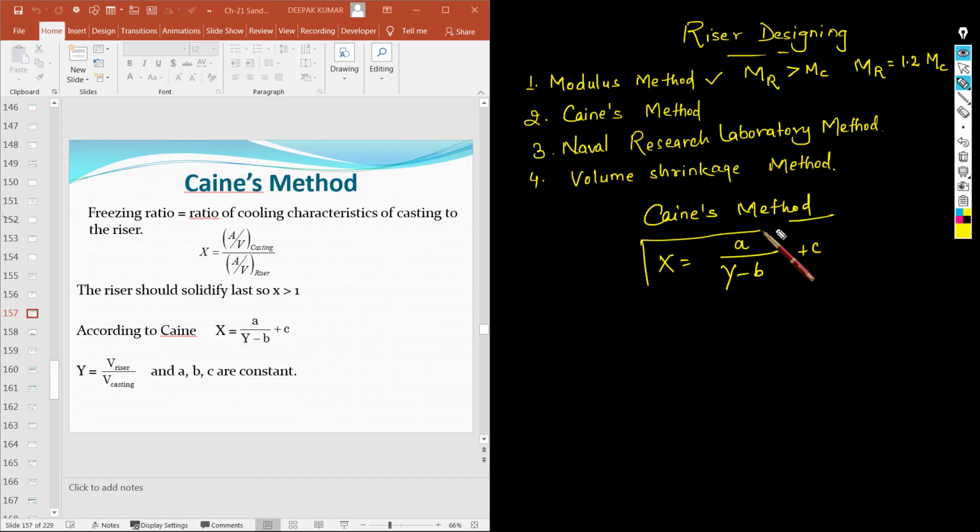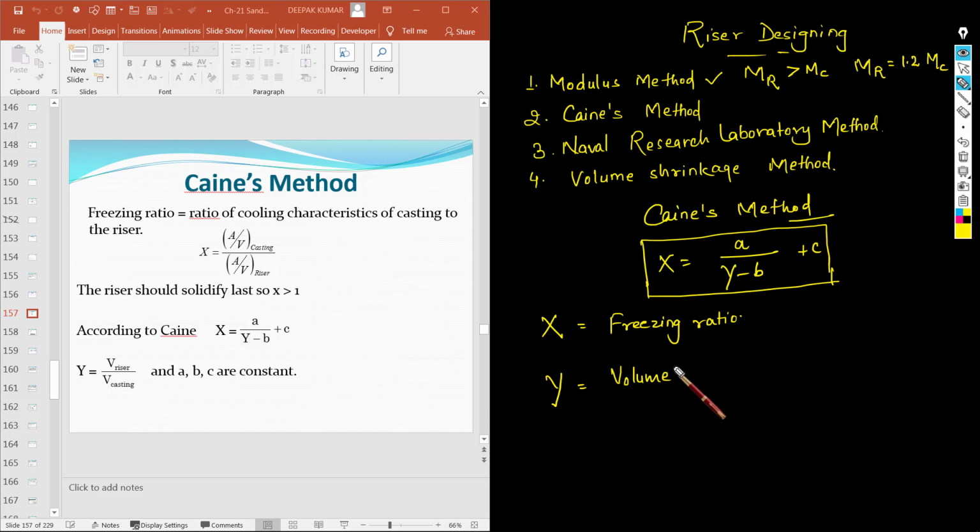We just have to remember this one, where x is the freezing ratio, and y is the volume ratio, or volumetric ratio.